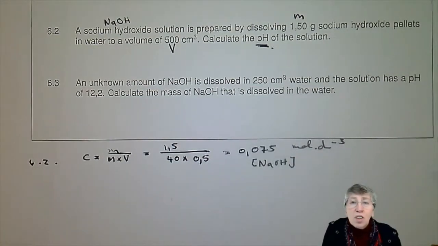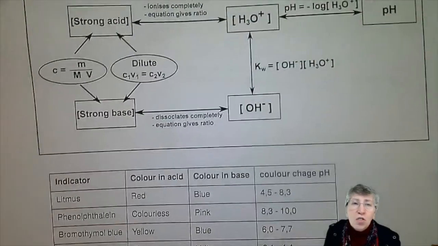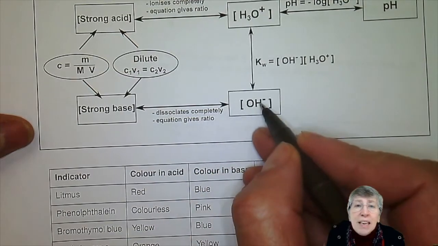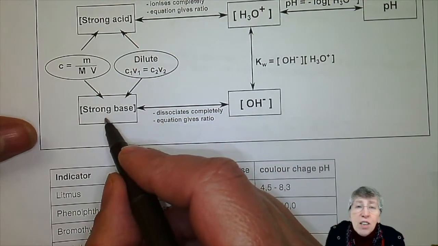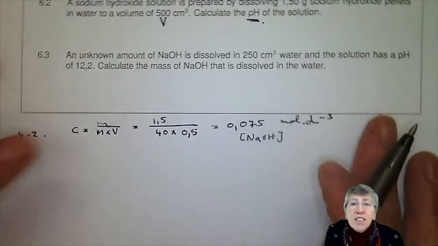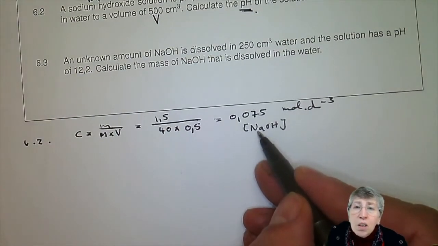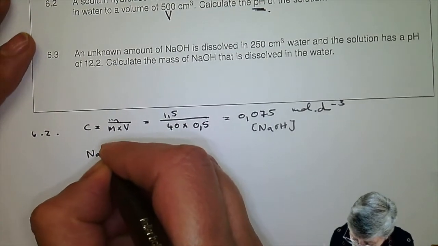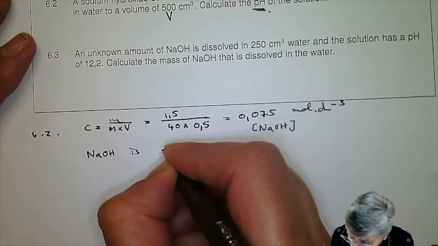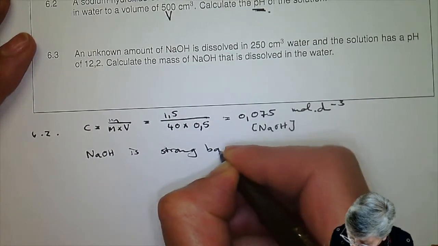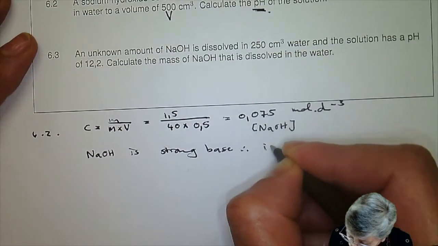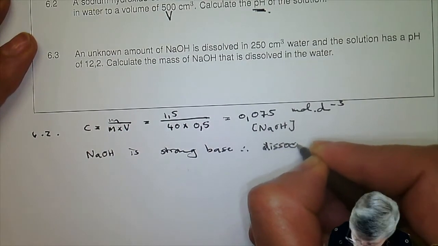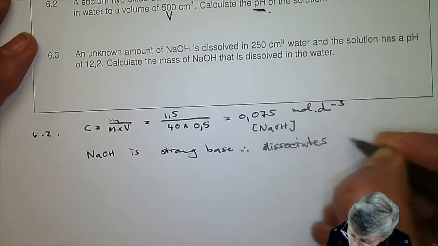That is the concentration of the NaOH, right? So I now have the concentration of my base, and it's a strong base. So what do I know? Strong base, it dissociates completely. And if I look at sodium hydroxide, every single sodium hydroxide molecule will give me one OH minus. So NaOH is a strong base, and that tells me it dissociates completely.